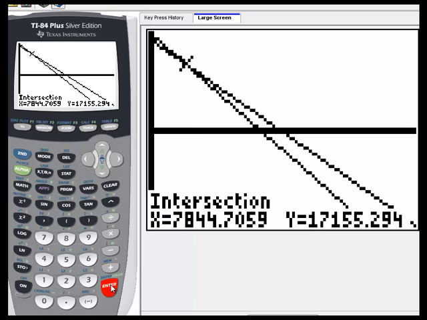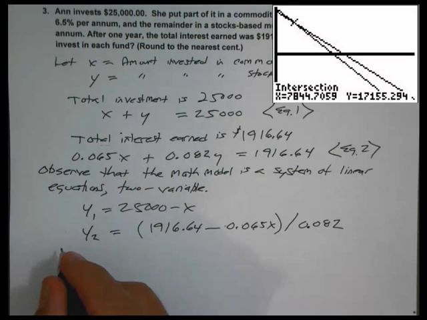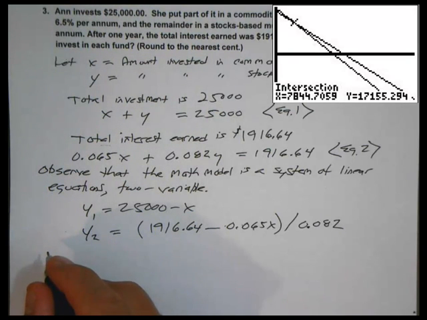Let's round these to the nearest cent and start to record our information on our paper. Looking at that calculator display, we have that x there. Let's translate this into the real world.